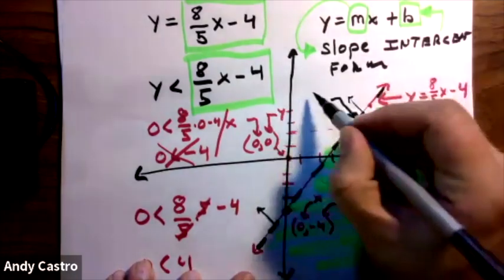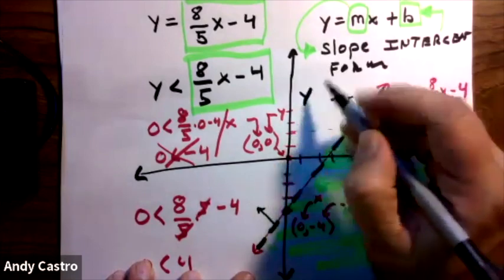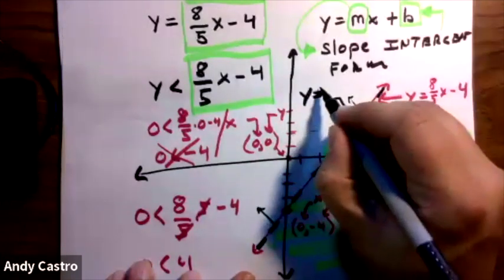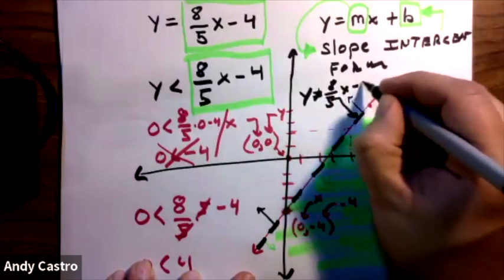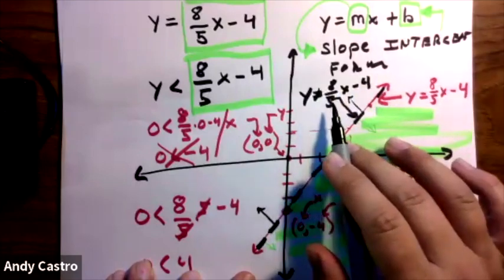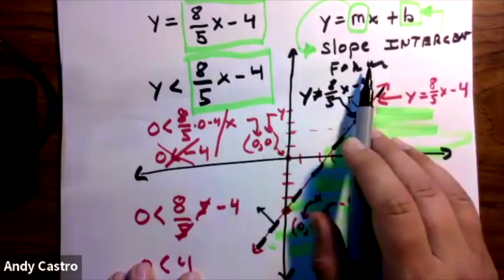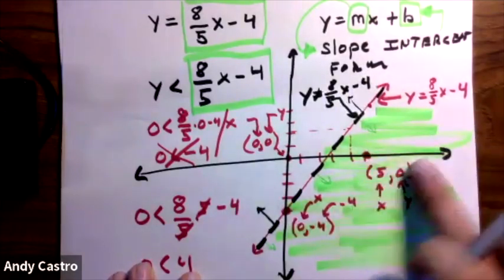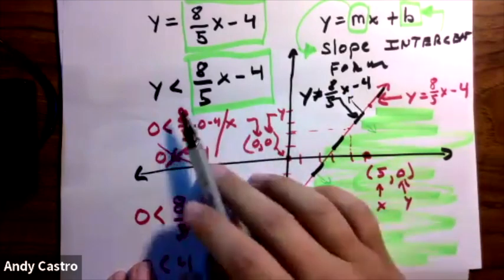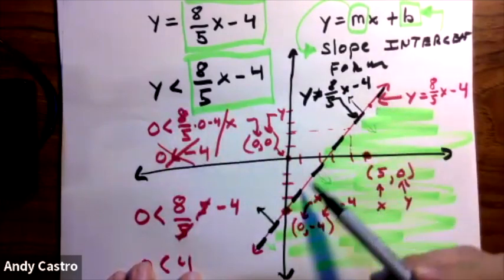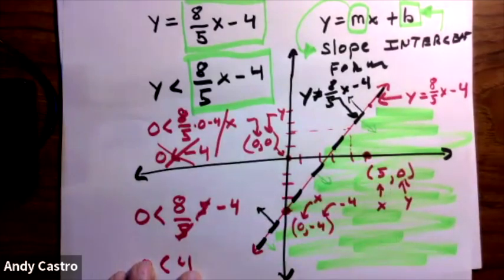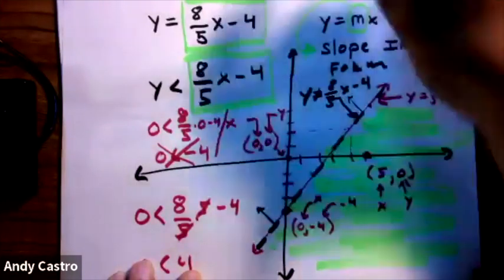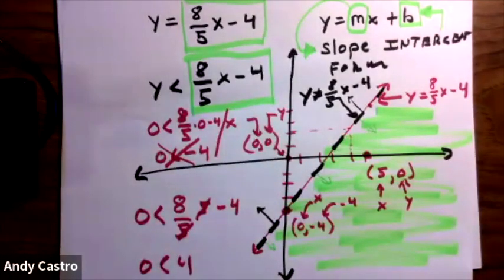The dashed line is what indicates that they're not equal to 8/5 x minus 4. Now, it could be everything on this side or everything on this side. Obviously, since we shaded over here, it's everything less than. So we have a dashed line here and everything over here shaded. Okay? And that is an inequality.